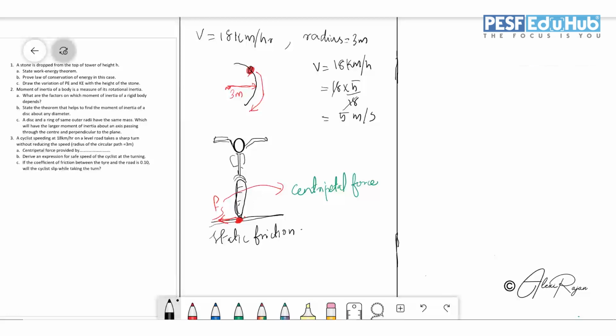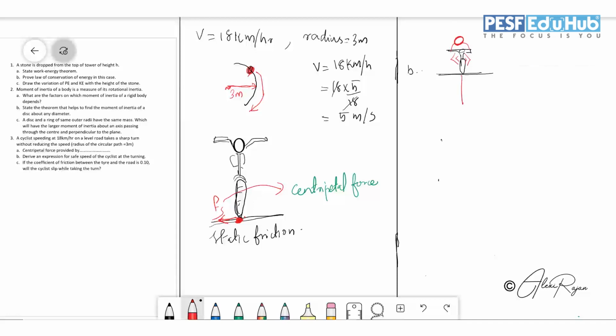Next, the second question: derive an expression for the safe speed of the cyclist while turning. You're going to derive the expression. You have a road here and you have a cyclist here.